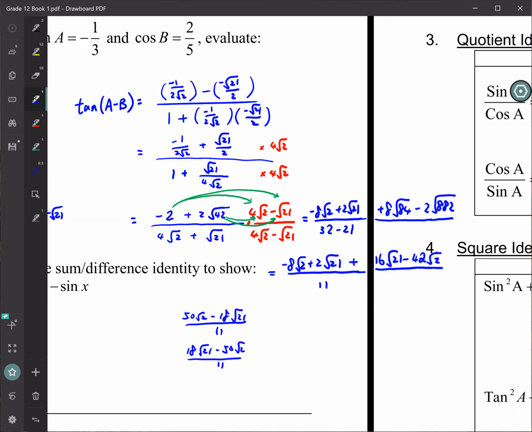Okay, so looks like we have a match, right? 2 root 21 plus 16 root 21, that will be 18. Okay, and then the last ones, that will give you minus 50.